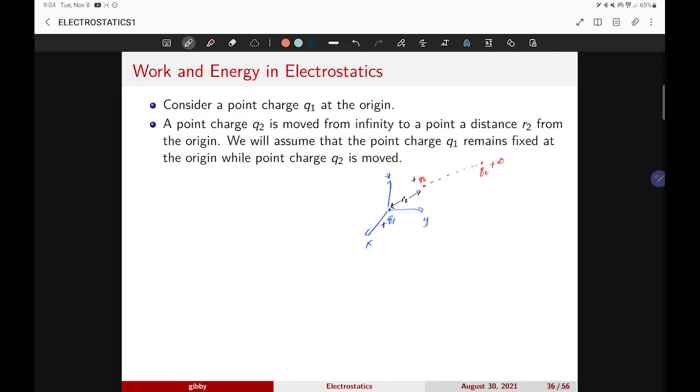So we might write the force exerted by charge Q1 on charge Q2 is given by, isn't this the formula of Coulomb's law? So we have charge Q1, charge Q2 over R2 squared, and this is R hat.